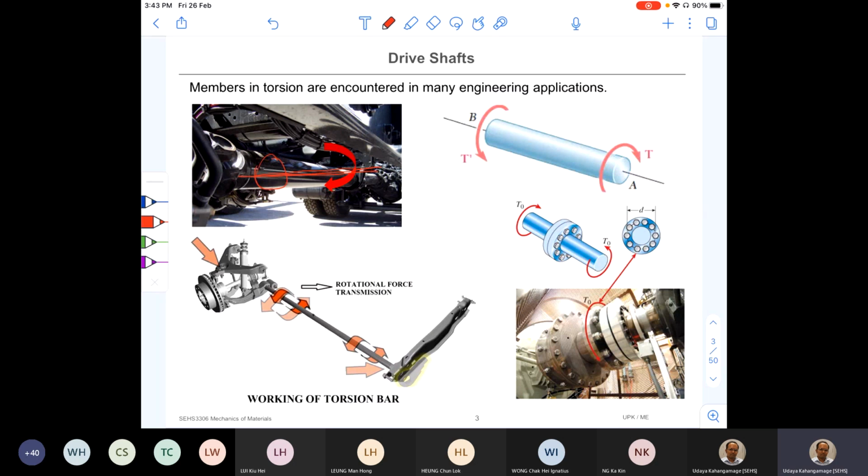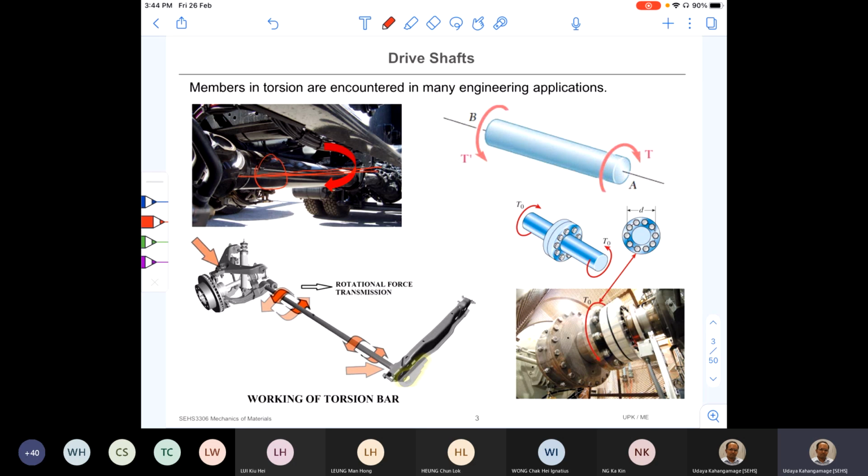And there are many other components in the same vehicle which are subjected to this kind of torsion. So you can see that for the steering wheel, once you steer, there's a vertical column, right? That vertical one also gets twisted, and by twisting it transmits power from your hand or the steering wheel to the wheels, so that the wheels can be turned.